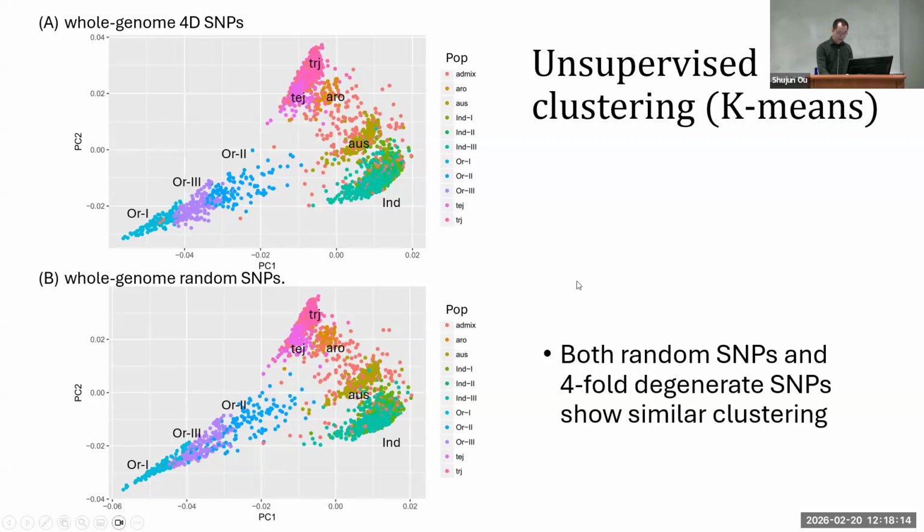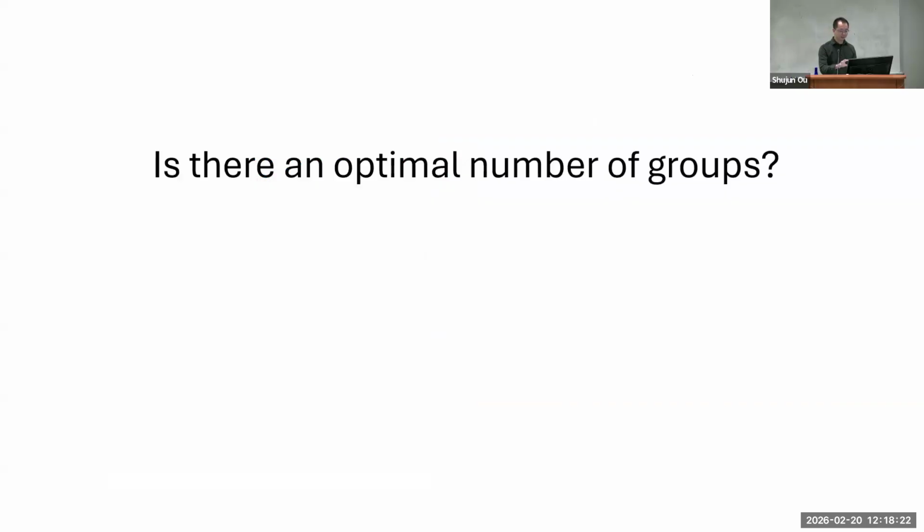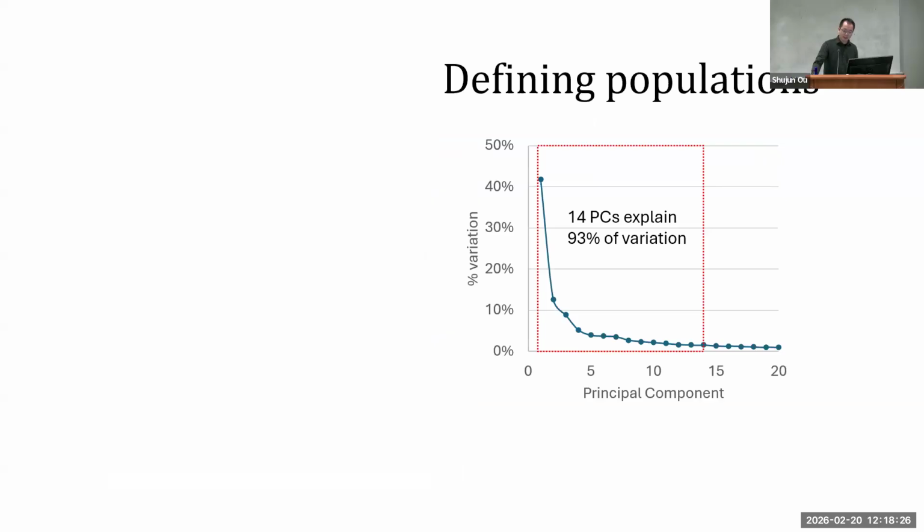So both share similar clustering. I also want to know if there is any finer clustering with a larger number of groups. So I use a PCA, and a scree plot to determine how many PCs can best explain the variation of rice.